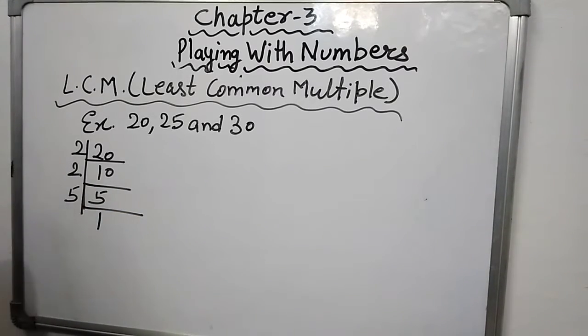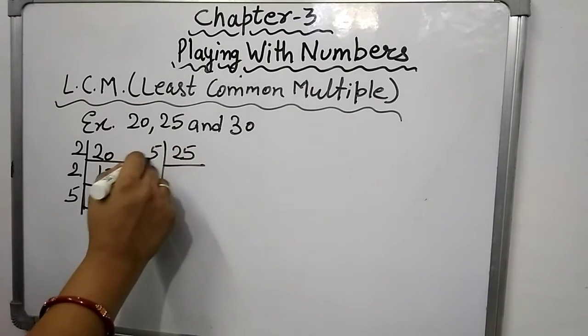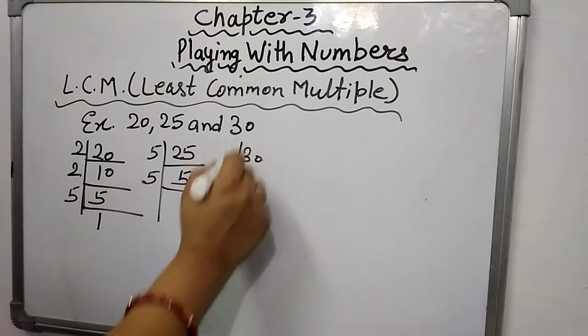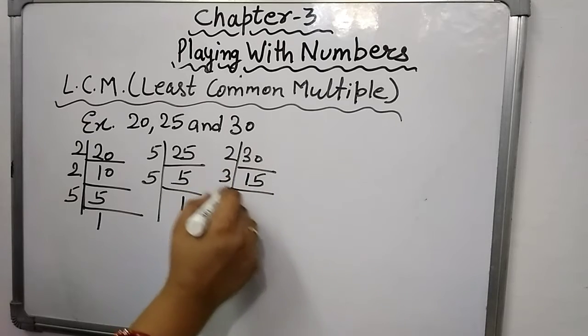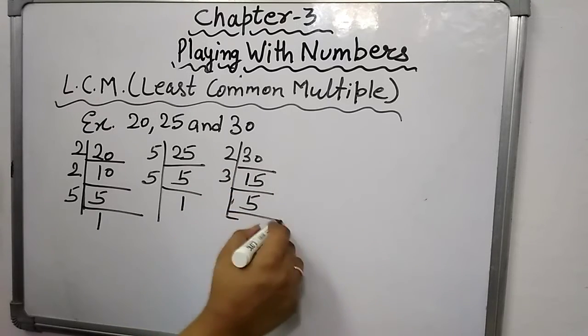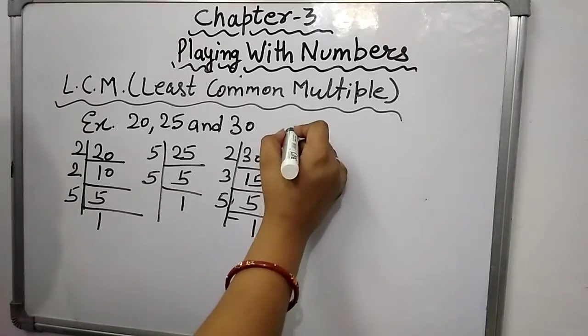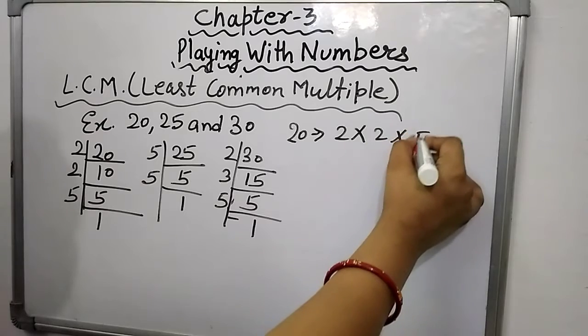So these are the prime factors of 20. Then we will find the prime factors of 25, then of number 30. So now we have prime factors of all three numbers. We'll write them.